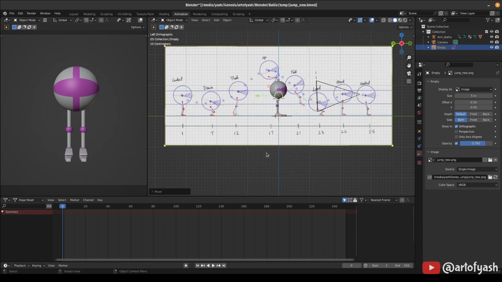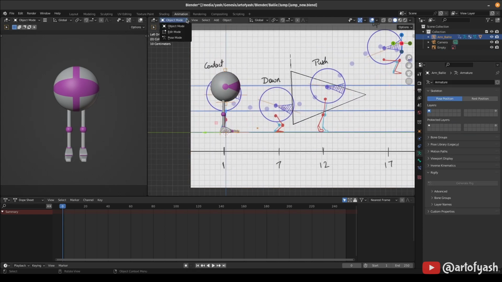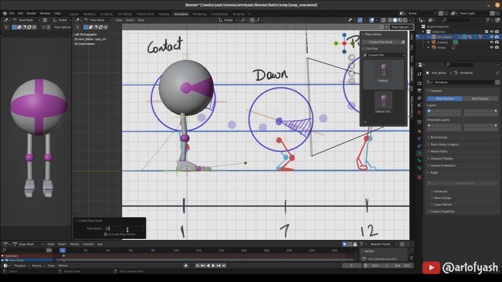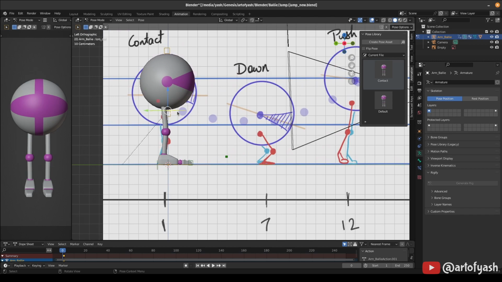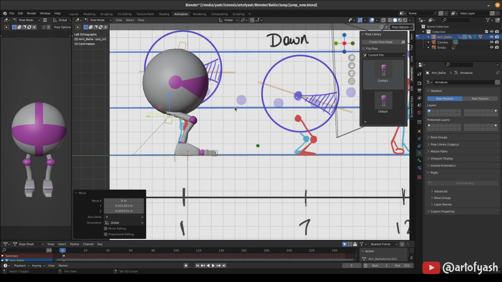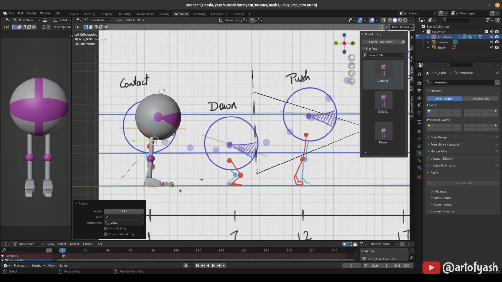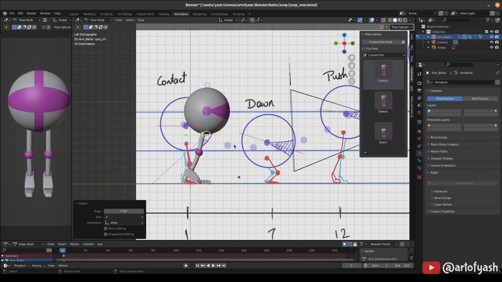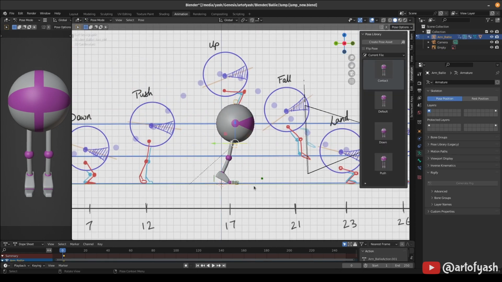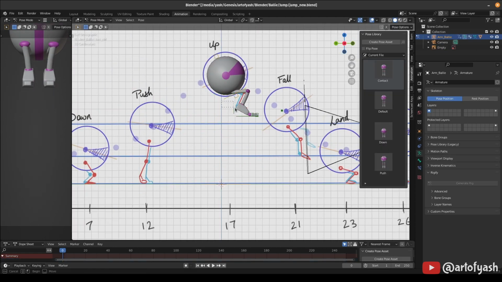Now coming to keying the poses in Blender, I go to the animation tab, I add the reference image and start adding all the poses to the pose asset library. The first 2 poses are in anticipation, meaning the character is preparing to jump. The next 2 poses are in upward motion and peak.